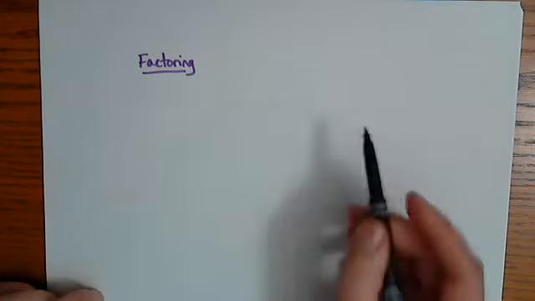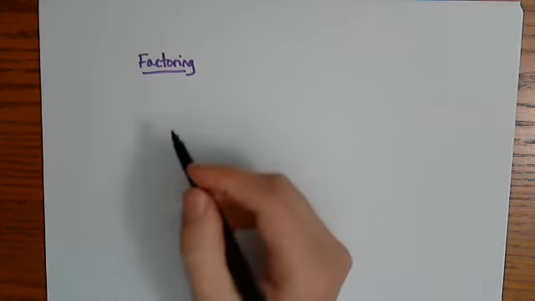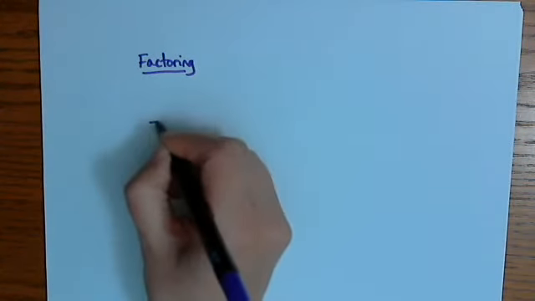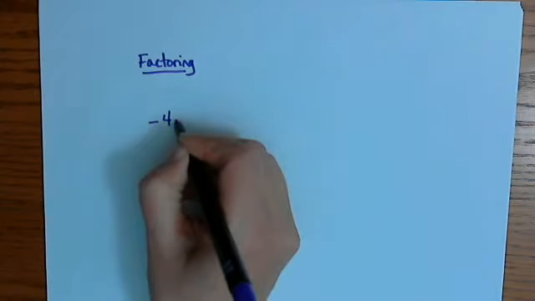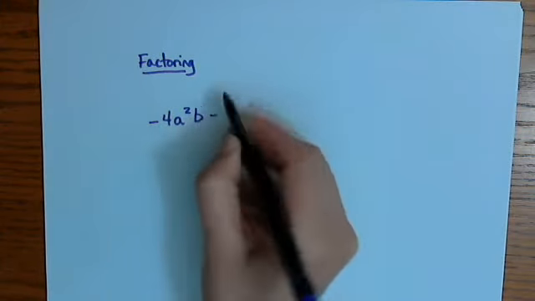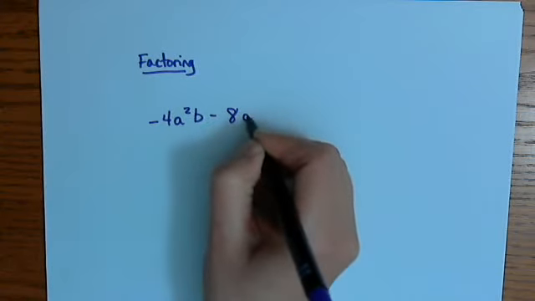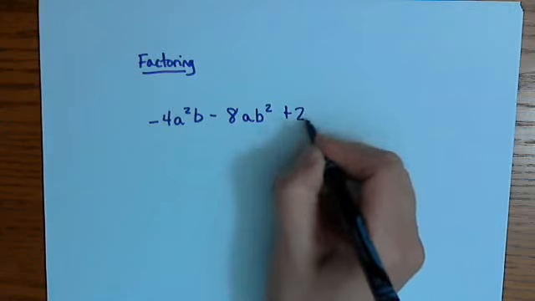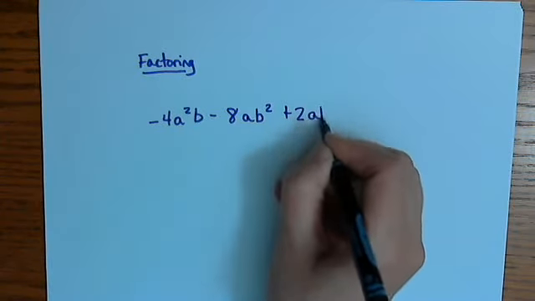Factoring is going to be any time we take a factor out of one term and figure out what we have left over. So for example, if I look at example 1, letter B, in my book, it says I have negative 4a squared b minus 8ab squared plus 2ab.